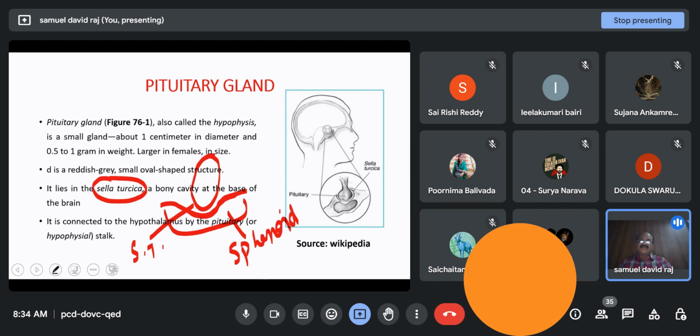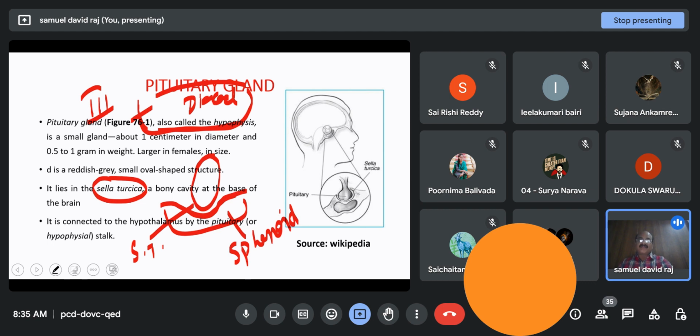Where does this arise from? If this is the brain, the third part of the forebrain is called diencephalon, and this diencephalon has a cavity called diacoel, and the diacoel has a roof, a floor, and two lateral sides.